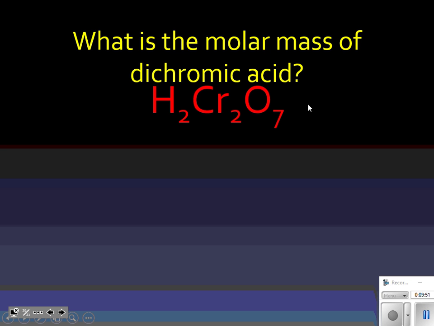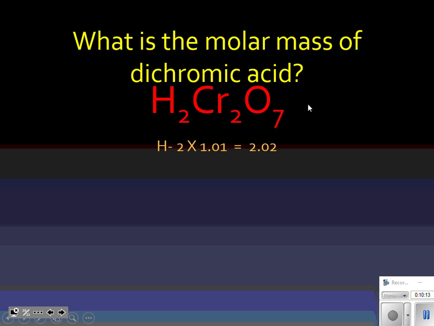Now, when I go to find the molar mass, once again, just the masses off the periodic table. Hydrogen is 1.00794. When I round that to two places, it's 1.01. I take that times 2 because I have 2 hydrogens. It gives me a total of 2.02.